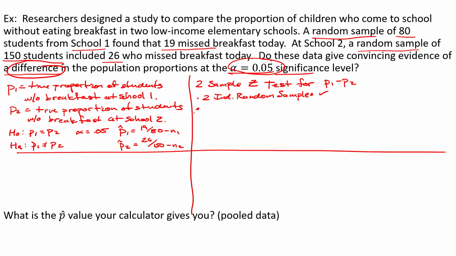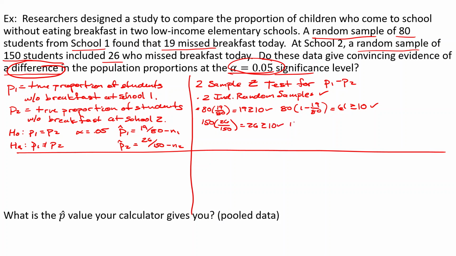All right, all of our normal conditions. So the first one, we got 80 times 19 out of 80 is 19, which is greater than or equal to 10. 80 times 1 minus 19 out of 80 is what? 80 minus 19 is what? 61, which is also greater than or equal to 10. That checks out. The other one, we've got 150, and 26 out of 150 is 26, greater than or equal to 10.